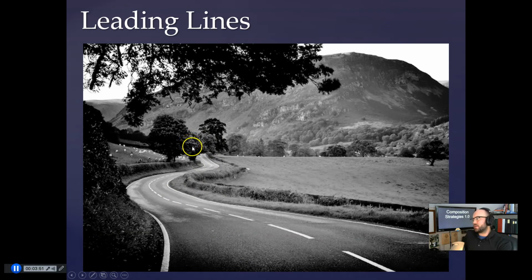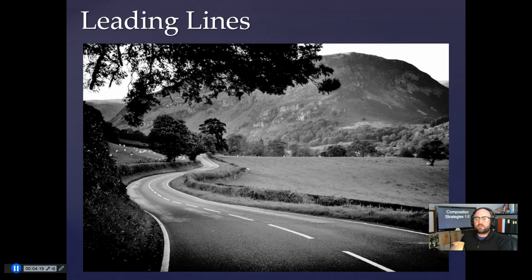Maybe it's a town, maybe it's just this little tree area. But the key thing is it doesn't exit again. It doesn't lead back out of the image. Now, a leading line will generally come from the bottom or the bottom third of the image. It'd be pretty rare that it would come from the top or just the sides. It could happen, but generally it's going to be that bottom third, and then it's going to enter into the middle of the image.